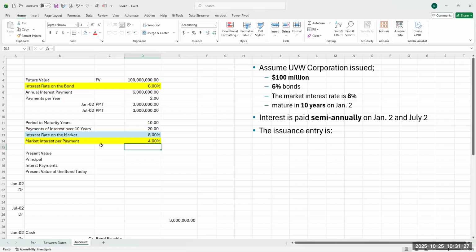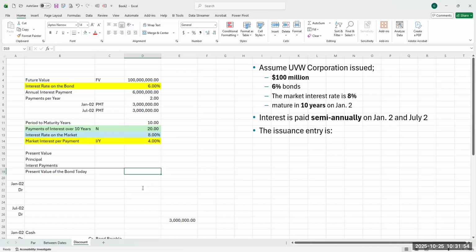Yes. So now the payments will become my N, the number of periods that I have to pay the interest, and that will be the interest rate that I have to use for my calculation. Now let's start calculating the present value.